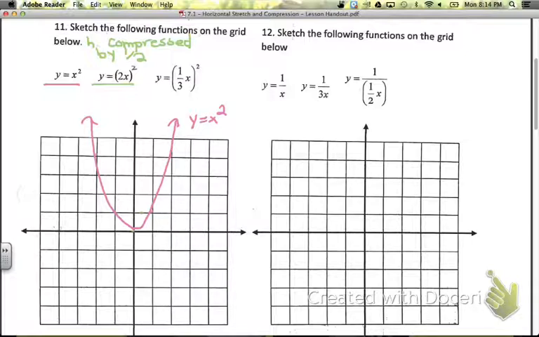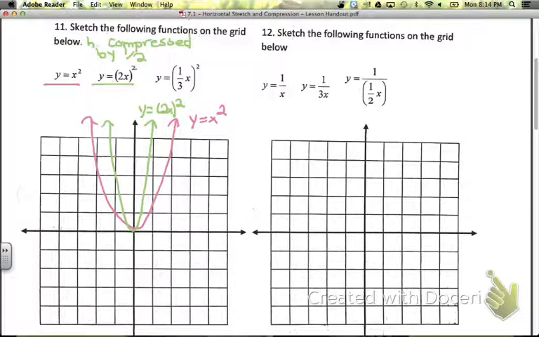Similarly, on the other side, the points are going to be the same. And what we have here is our function y equals 2x all squared. So again, that one is a horizontal compression by a half.